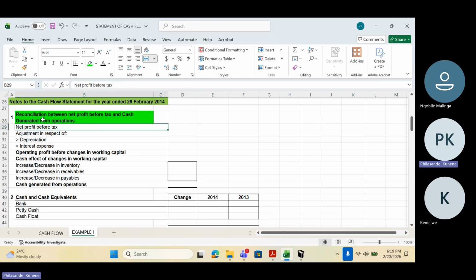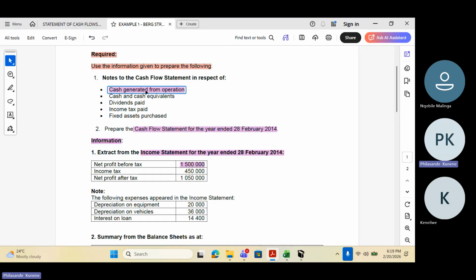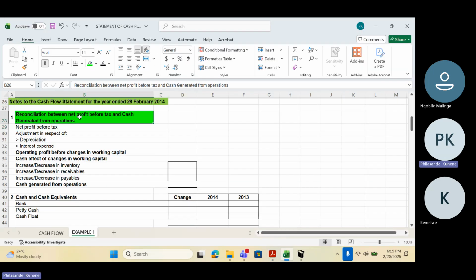Note number 1, you can see the format. This is called reconciliation between the net profit before tax and cash generated from operations. This is the note for cash generated from operations, but they usually call it reconciliation between net profit before tax and cash generated from operations. What does the note require? Number 1, it requires a net profit before tax.